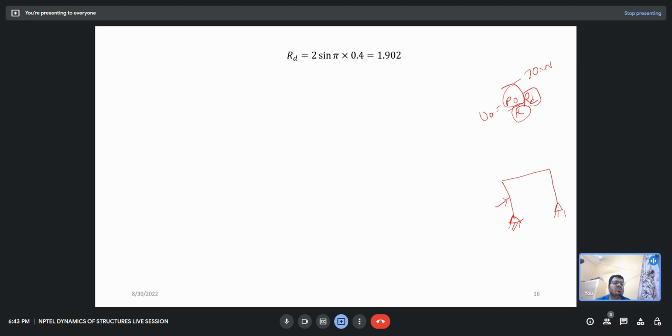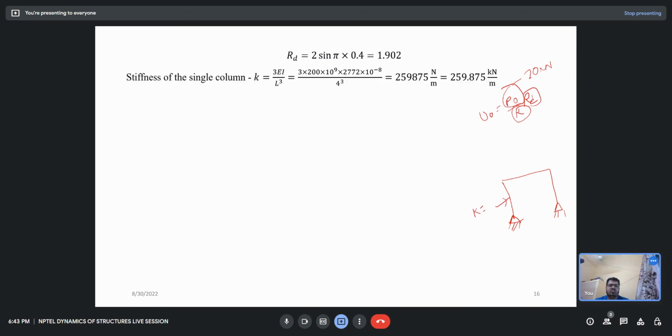my stiffness for one column is 3 EI by L cube. And if the column is fixed, the only difference is that the stiffness would be 12 EI by L cube. Here my stiffness is 3 EI by L cube.